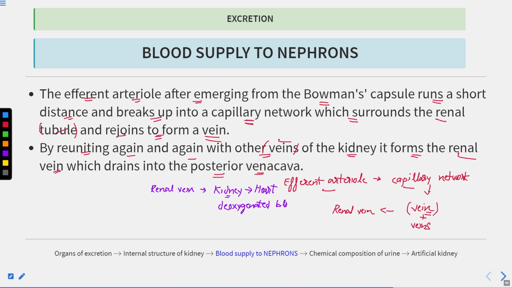And then this renal vein merges into, or drains into, a larger vein which is known as the vena cava. So the renal vein then drains into the larger vein known as the vena cava. This is clear?